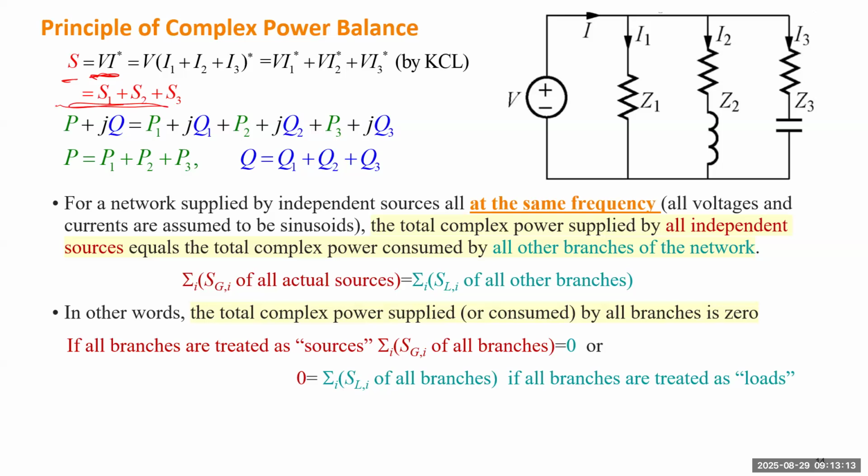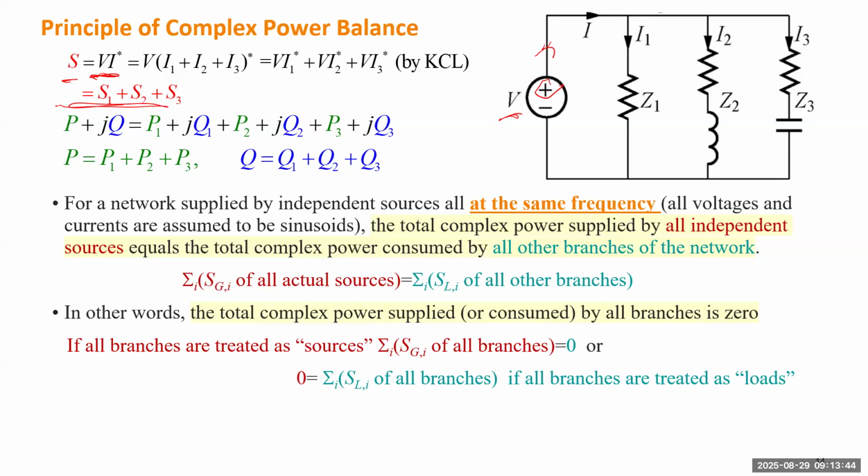The interpretation of this complex power balance law can be approached in different ways. The first one is, if we know which element in the circuit really behaves as a source, we put such element on the left-hand side. When we calculate the complex power, we need to utilize the voltage of that element and also the current leaving from the positive terminal.